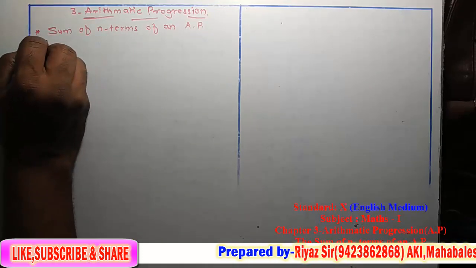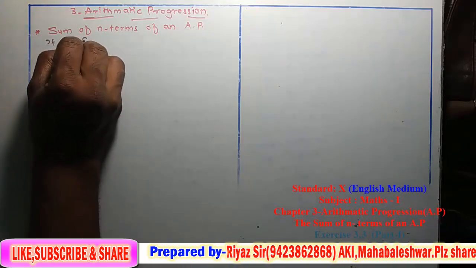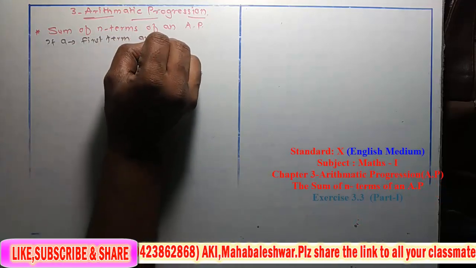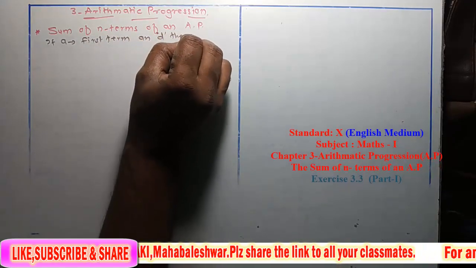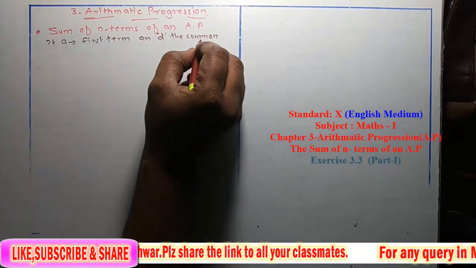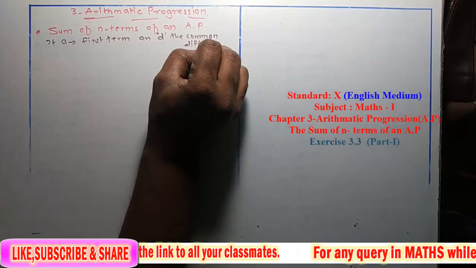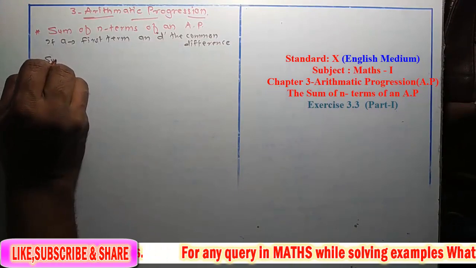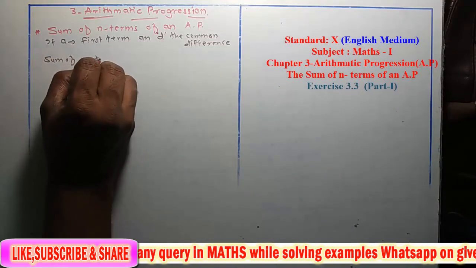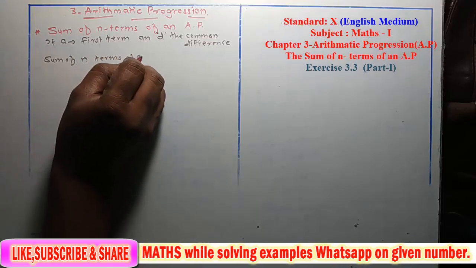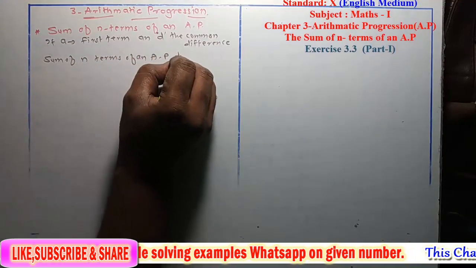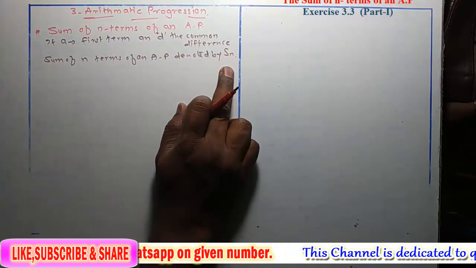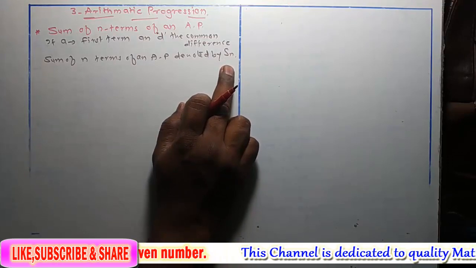If a is the first term of an AP and d is the common difference, then the sum of n terms of an AP is denoted by Sn. Sn is nothing but the sum of n terms of an AP.